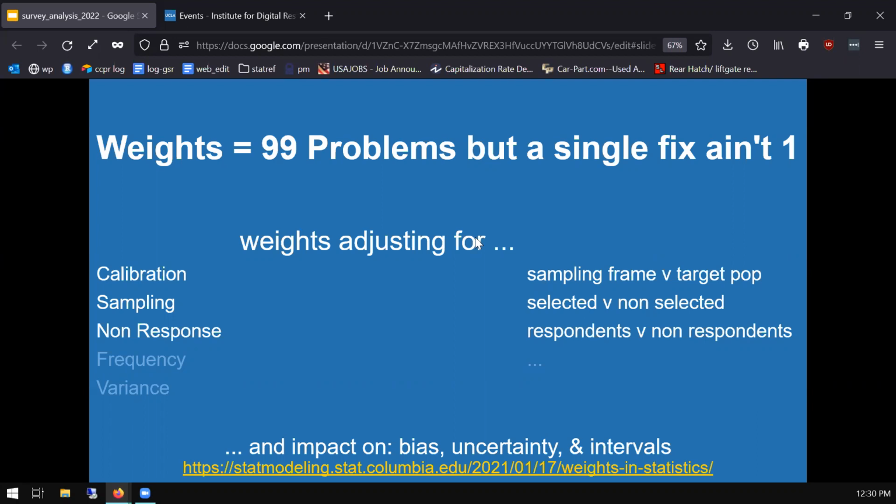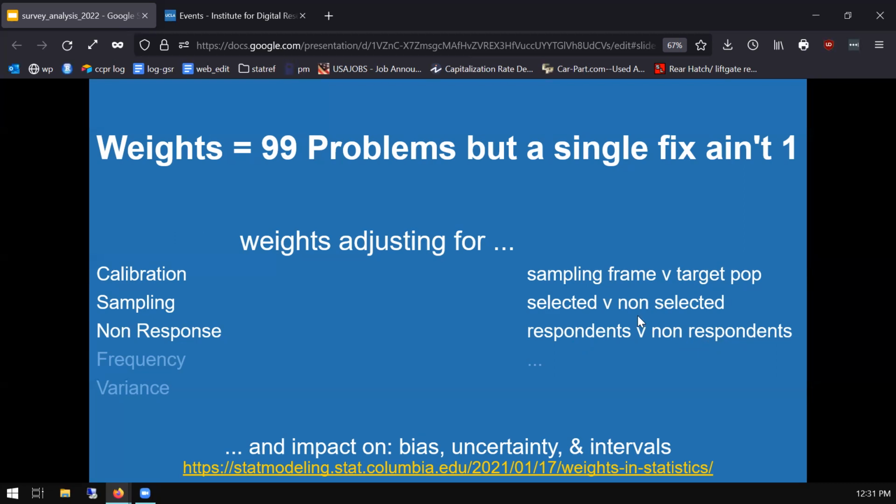There are calibration weights that adjust for the mismatch between the sampling frame and your target population. There could be sampling weights that adjust for the people you selected versus the people that are not selected. There could be non-response weights that adjust for people that respond versus the people that don't respond.